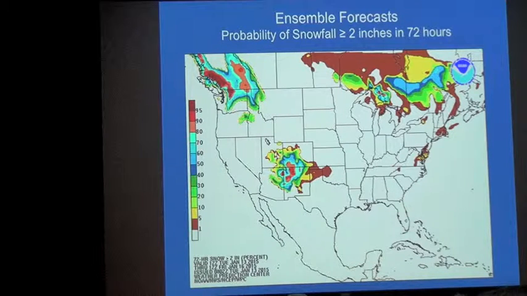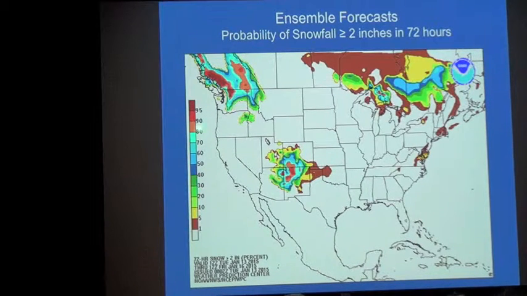And what it pushes out is the probability of snowfall, and you can get different amounts. It's like, okay, what's the probability of us getting 2 inches or greater in the next 72 hours? And the probability numbers are over here. So North Texas, very high probability.